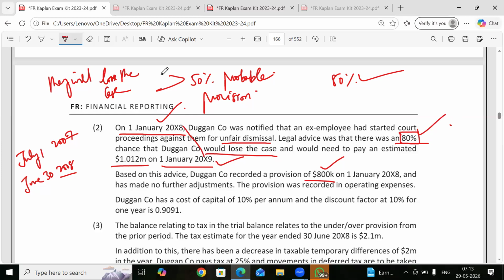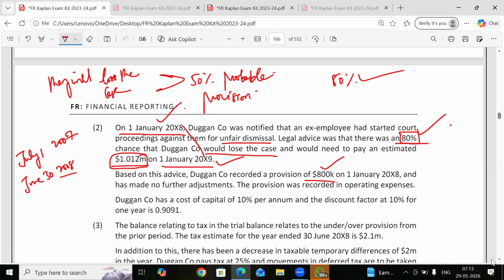That is more than 50% probability of losing the case and making the payment, which has created an obligation for them that they have to make the payments in the future. More than 50% chances. Why? Because 80% they will lose the case. And the estimated amount they are supposed to pay is this much. That is a future amount on 1st Jan.